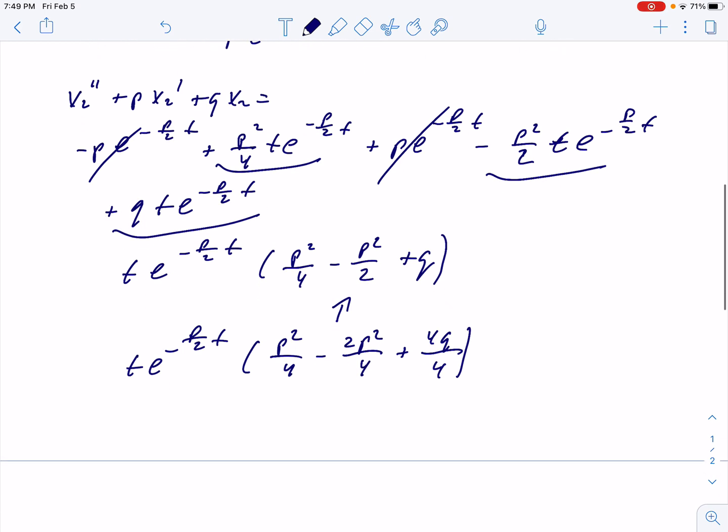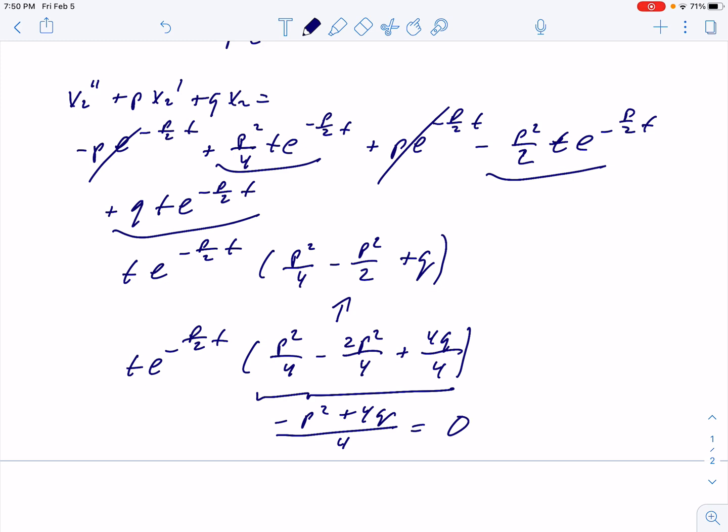Adding all this inside the parentheses, we get p squared minus 2p squared will be minus p squared just one time plus 4q, and all this over 4, and this is 0 because p squared minus 4q is 0.